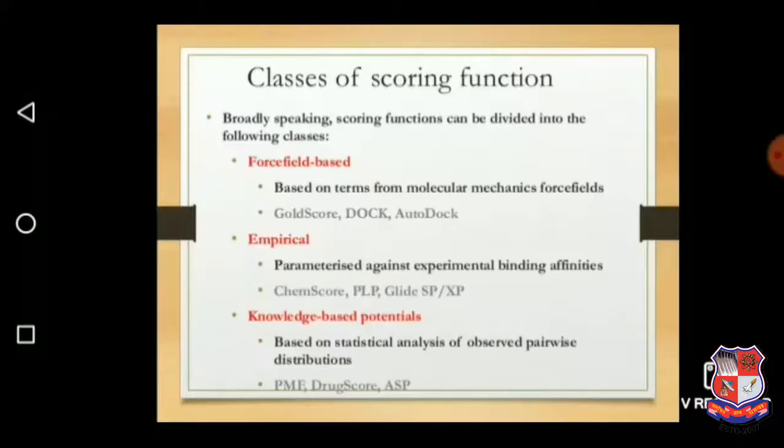So one parameter is used, and based on that we are mimicking the binding affinities. For example, the software platforms are ChemScore, PLP, Glide SP, XP. Knowledge-based potentials are based on statistical analysis of observed pairwise distributions, like PMF, DrugScore, and SMoG.